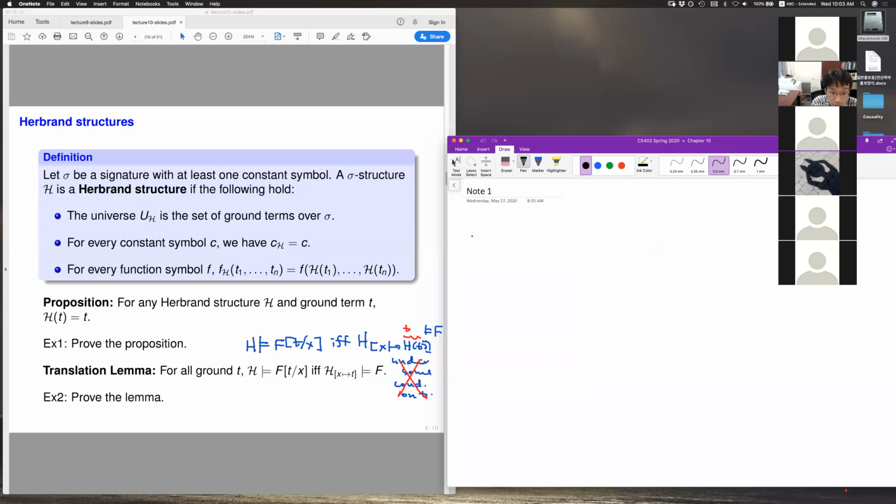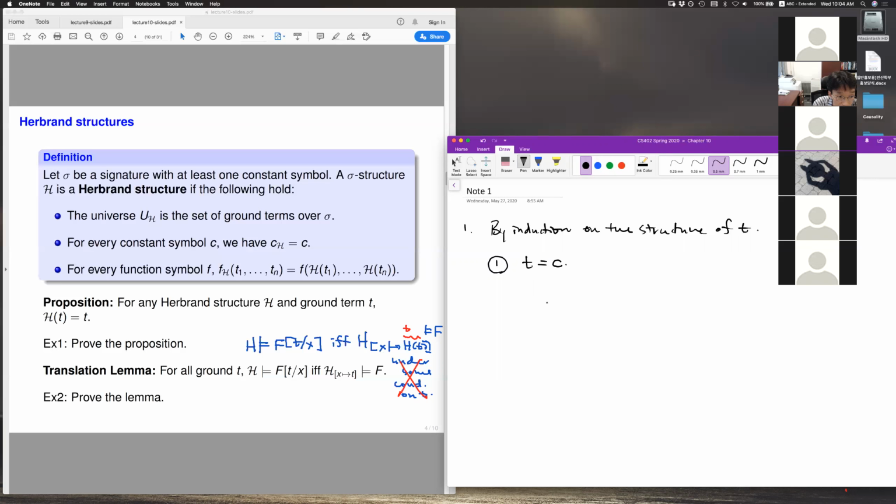Right, so the proposition is by induction on the structure of T. Because T is a ground term, there are only two cases to consider. The first case, number one, is that T is equal to a constant.